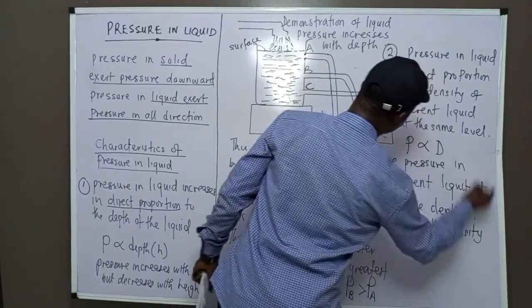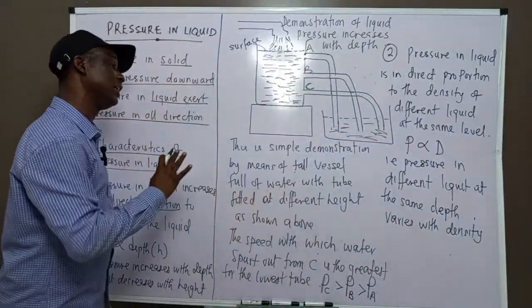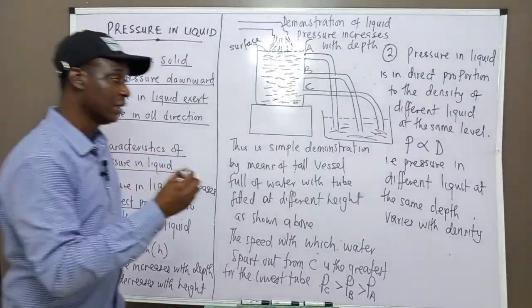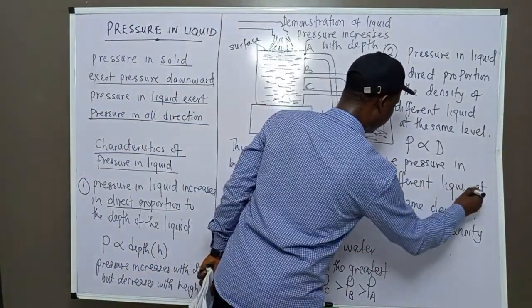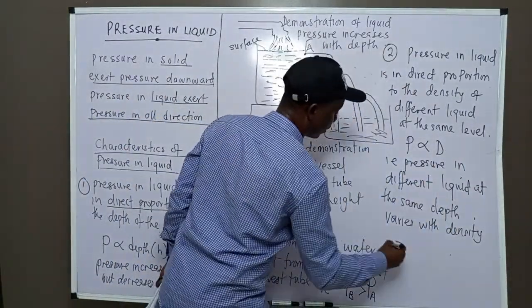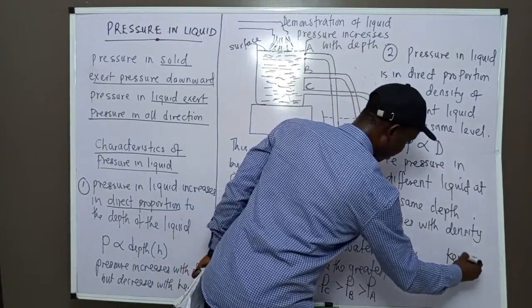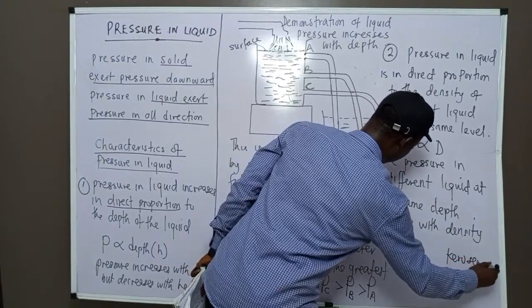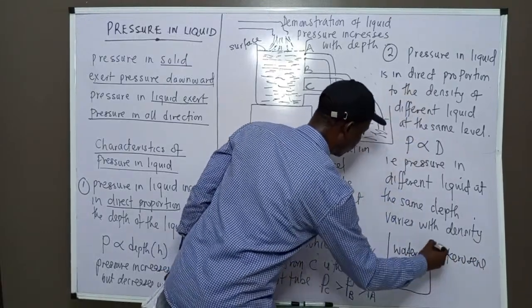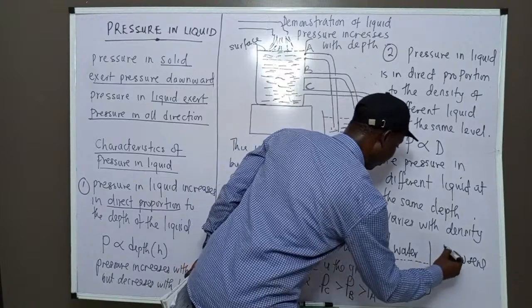So that is to say, for pressure in different liquids, for example, if you bring water and you bring kerosene, you want to consider the same level for the two of them.